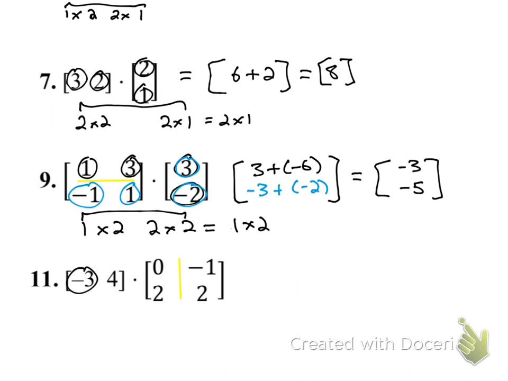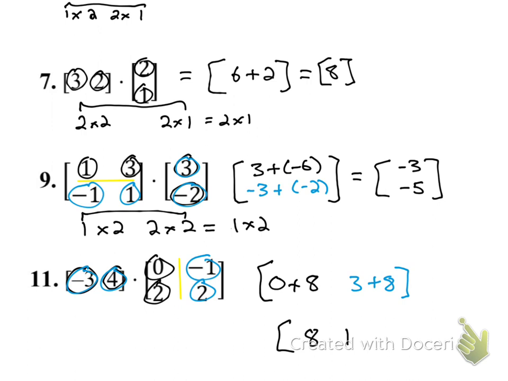So I got -3 times 0 is 0, plus 4 times 2 is 8. -3 times -1 is 3, plus 4 times 2 is 8. So my answer there is 8, 11.